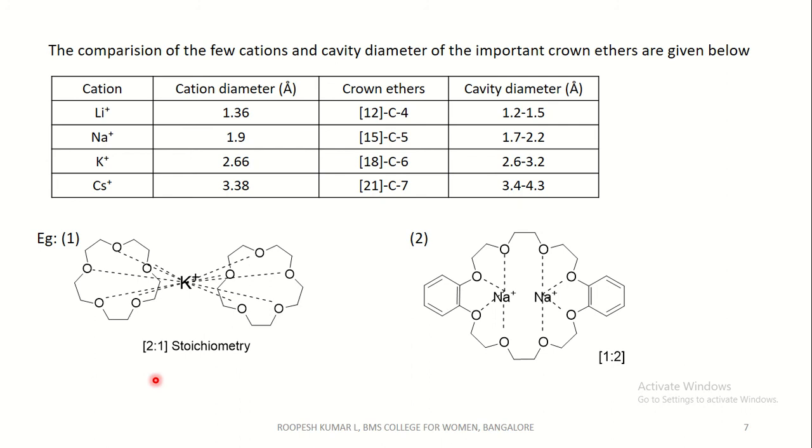Coming to the examples, you can see this 15-crown-5 binds with the potassium ion in a 2:1 stoichiometry, that is, 2 molecules of crown ether with one metal cation, which is a potassium ion.